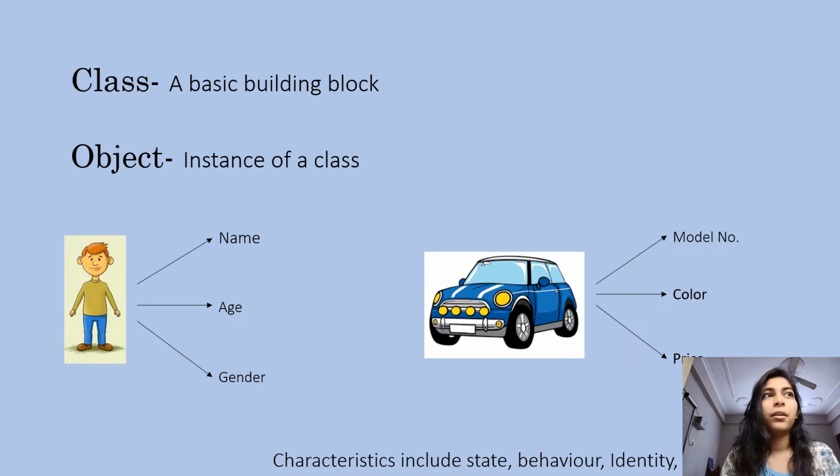We'll understand more about them. We can say that characteristics of objects include state, behavior, identity, responsibility, right? But, ma'am, I didn't understand what is object, what is instance, how are these related. Wait, I'll explain further with the help of this example.